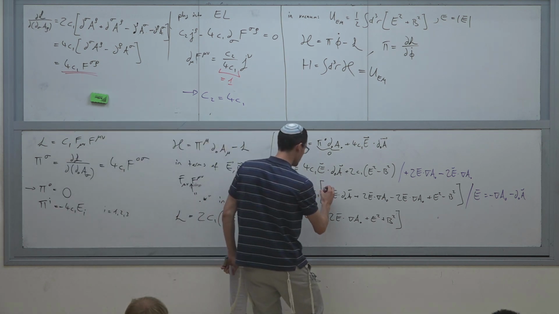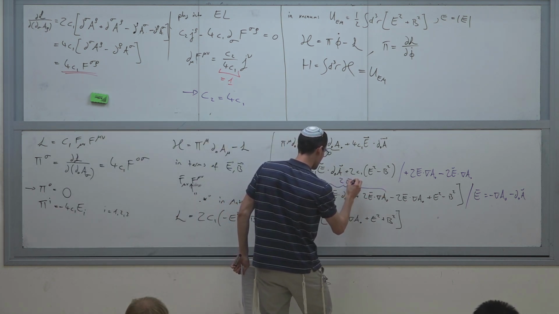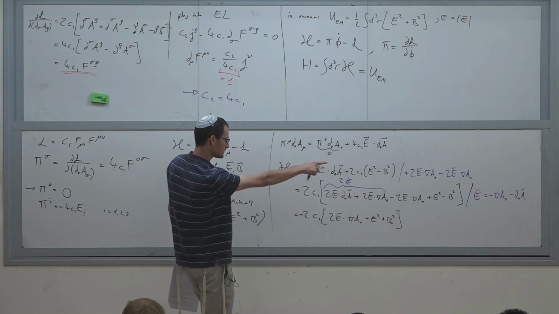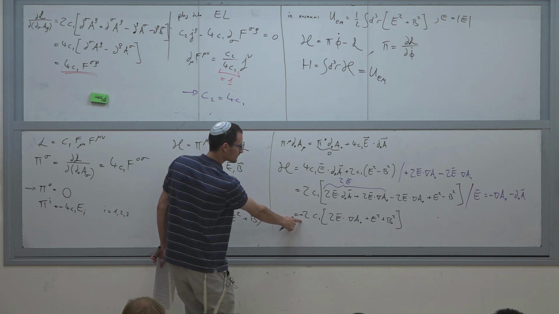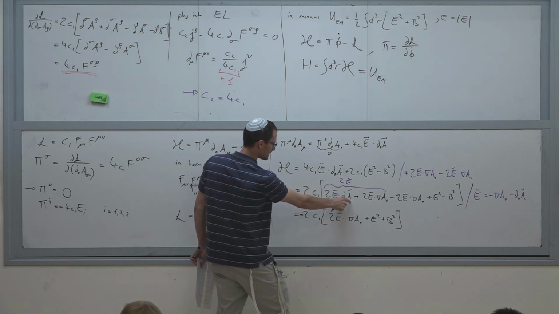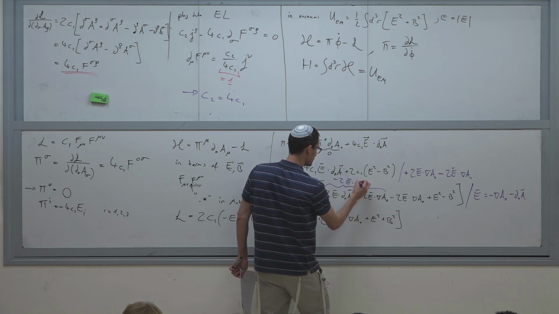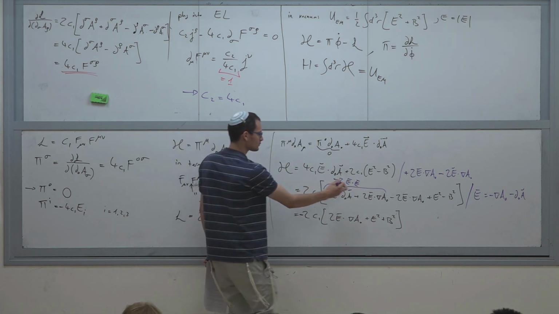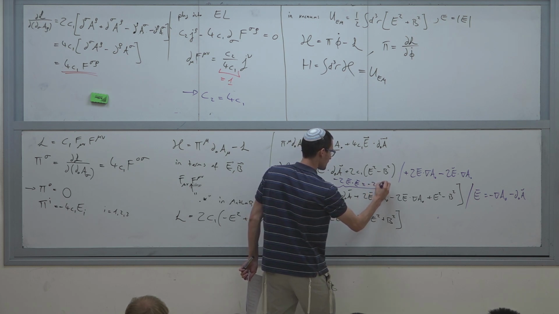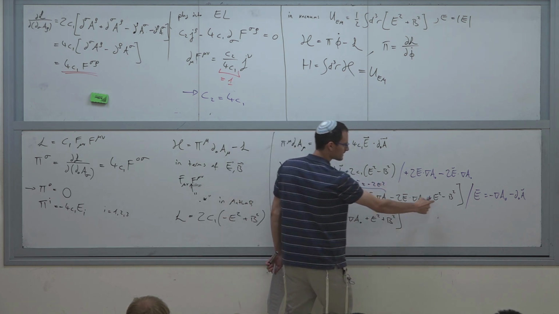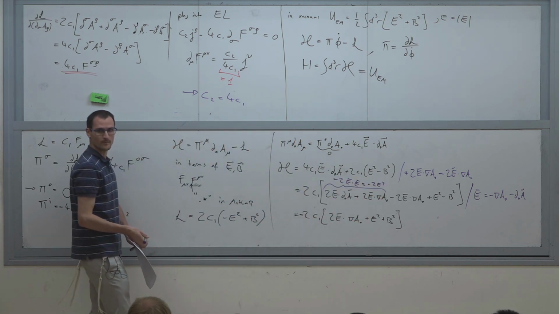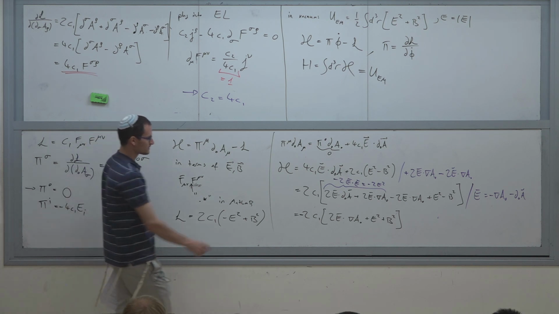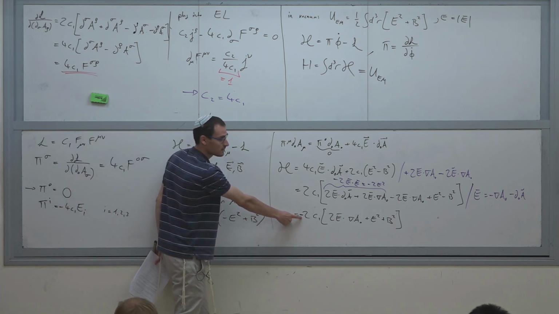This is 2E, and what you're left with is, because of the first line, there should be a minus sign outside. When you take this, this is 2E times this derivative, which is minus E. So this is minus 2E squared. So you have minus 2E squared plus E squared. That's minus E squared. And the rest just stays the same. So there's an overall minus sign.